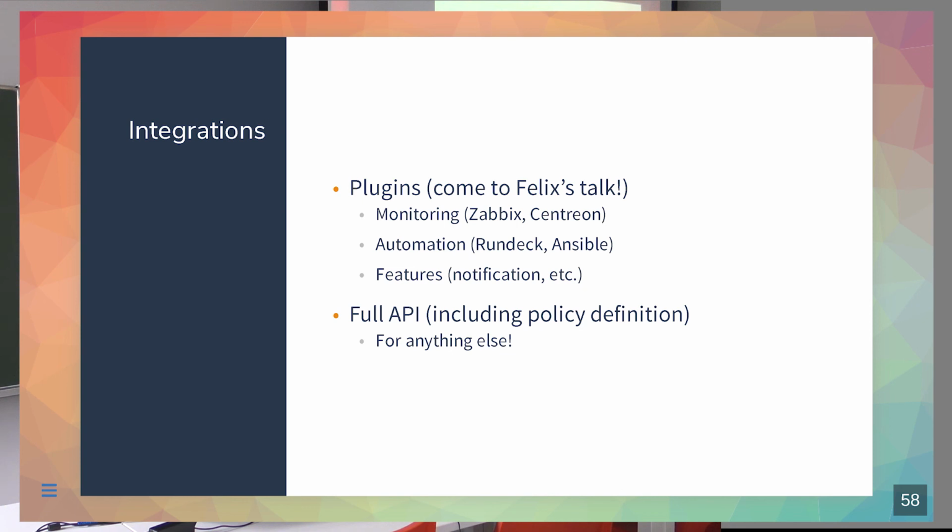We also have plugins for specific features like PDF exports, notifications, stuff like this. And we have a full API, so everything we did in the web interface is also available through the Rudder API. So you could use it to integrate it to anything, basically.